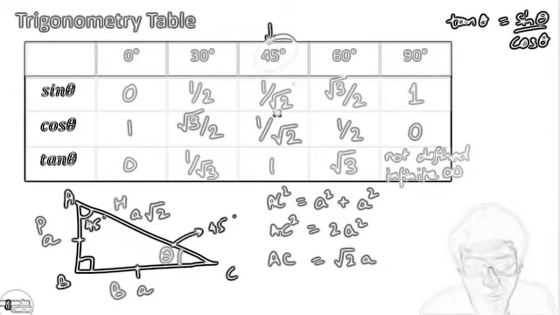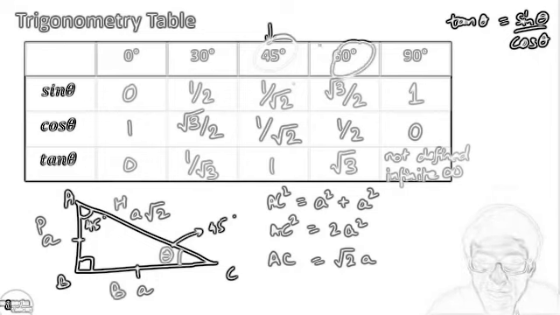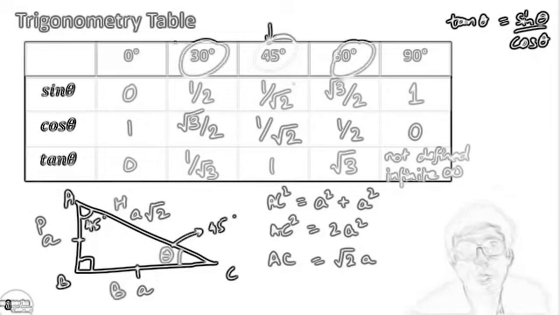Pretty simple. Now what is cos of this? That's going to be base by hypotenuse, again A by A root 2, so that's going to be 1 by root 2. And tan of 45 is going to be perpendicular by base, and both are A, so pretty simple, 1. Guys, I would encourage you to take a look at the proofs for 60 and 30 also, because you can use an equilateral triangle for that.